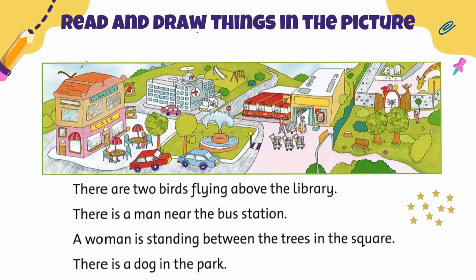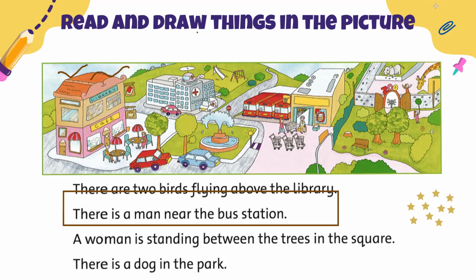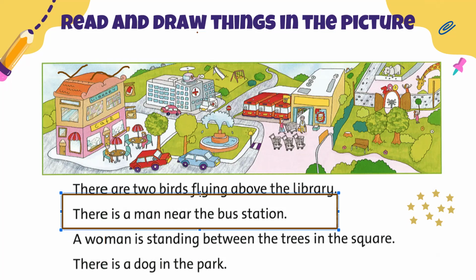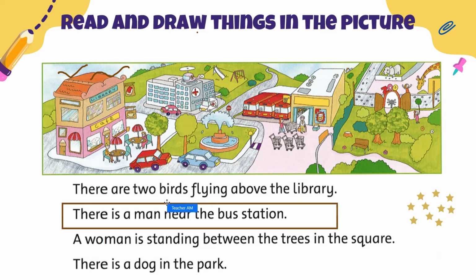So I'm going to draw a bird. Okay, I'm sorry if it doesn't look like a bird because I don't know how to draw. Okay, now what about here? It's your turn, Dolin. There is a man near the bus station. Okay, now you draw a man near the bus station.